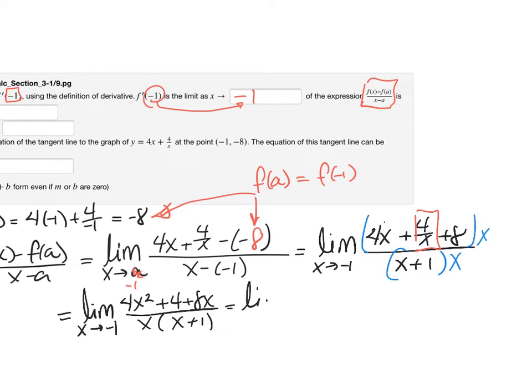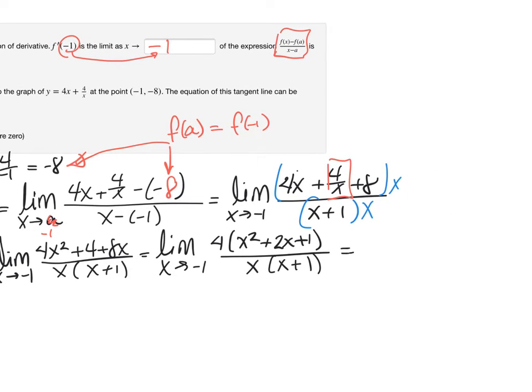I'm going to factor the numerator because right now I cannot do a direct substitution because I'll have 0 in the denominator if I were to put in -1. So I'm going to factor out first a 4 and reorder, so it's x squared plus 2x plus 1 over x plus 1. My numerator is 4 times a perfect square trinomial, so it's the limit as x approaches -1 of 4 times x plus 1 squared all over x plus 1.